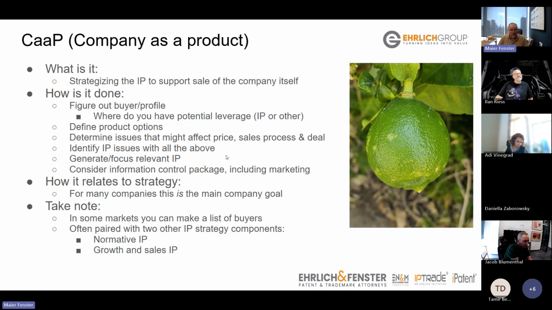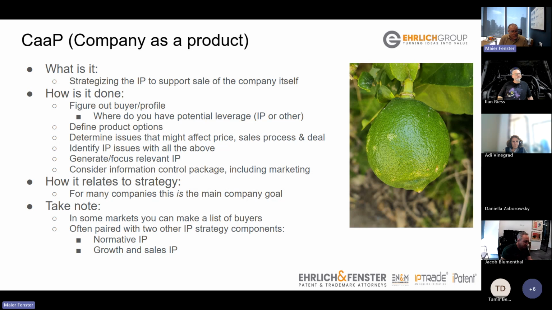Do you have any leverage? Then you look at options of what it is that you might be trying to sell to them. Then you look at issues that would directly interfere with the price you want to get, with the sales process, or with closing the deal. All of these have non-IP issues, but many of them have IP issues. Either they cause a problem or IP could help.